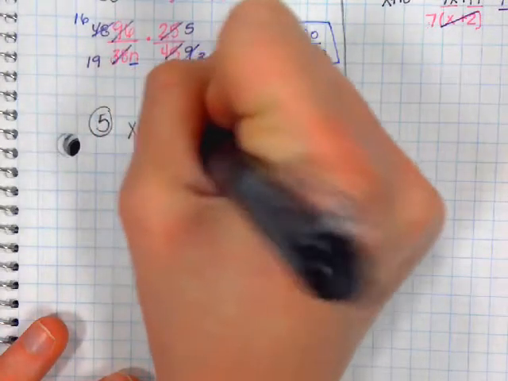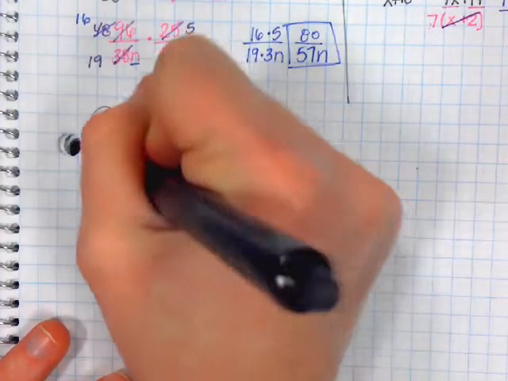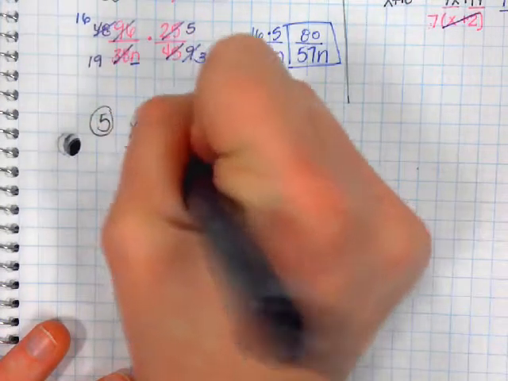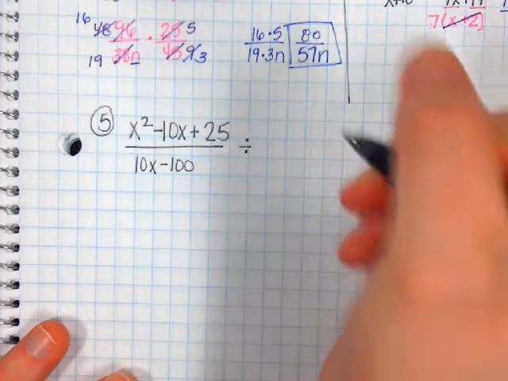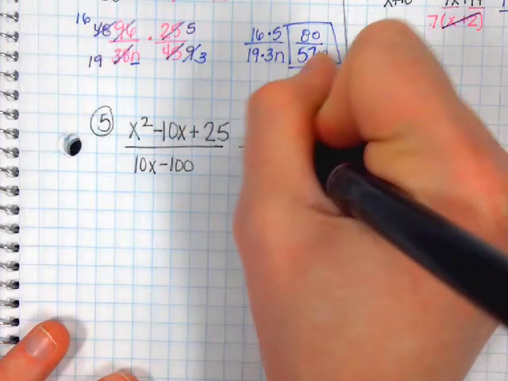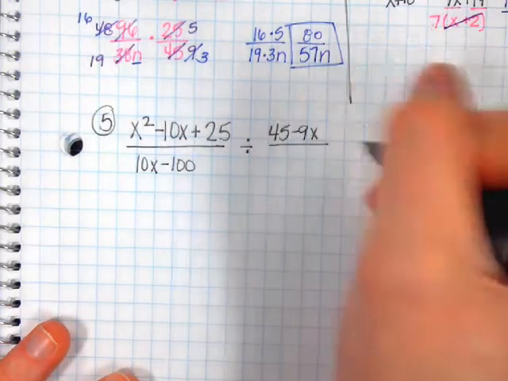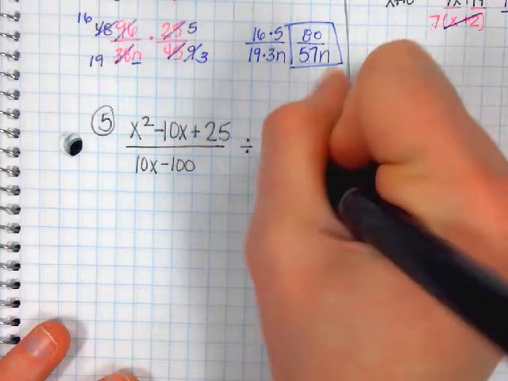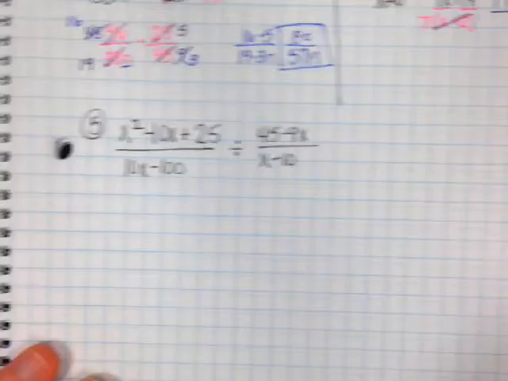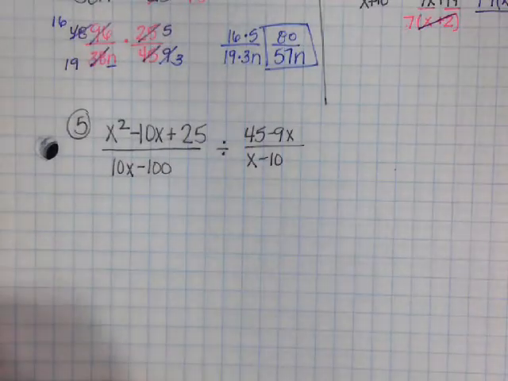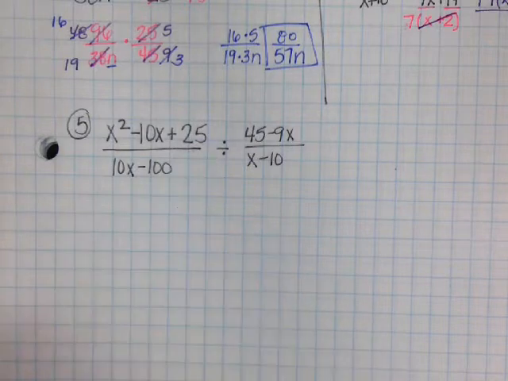Okay, next example. (x squared minus 10x plus 25) over (10x minus 100) divided by (45 minus 9x) over (x minus 10).